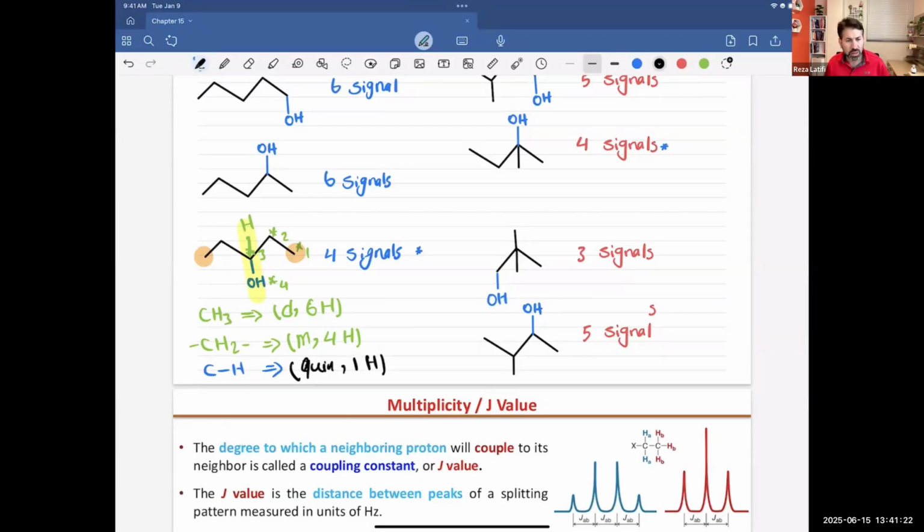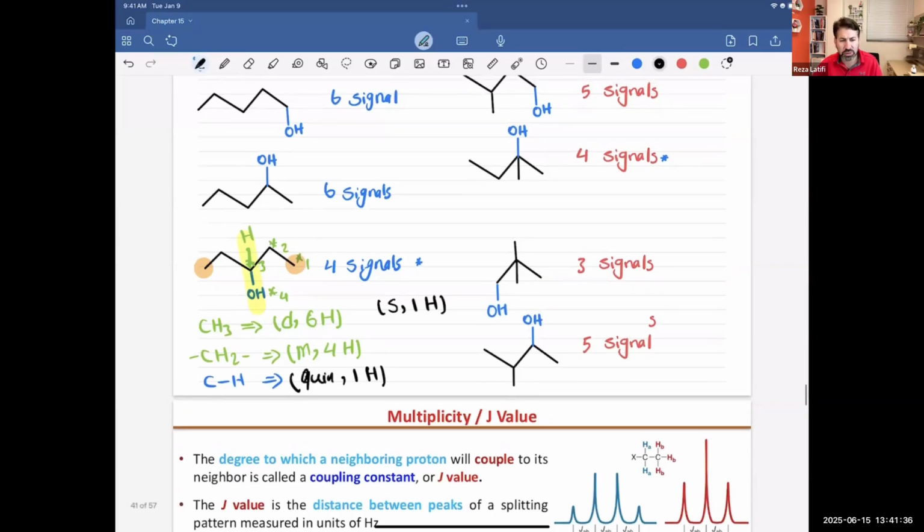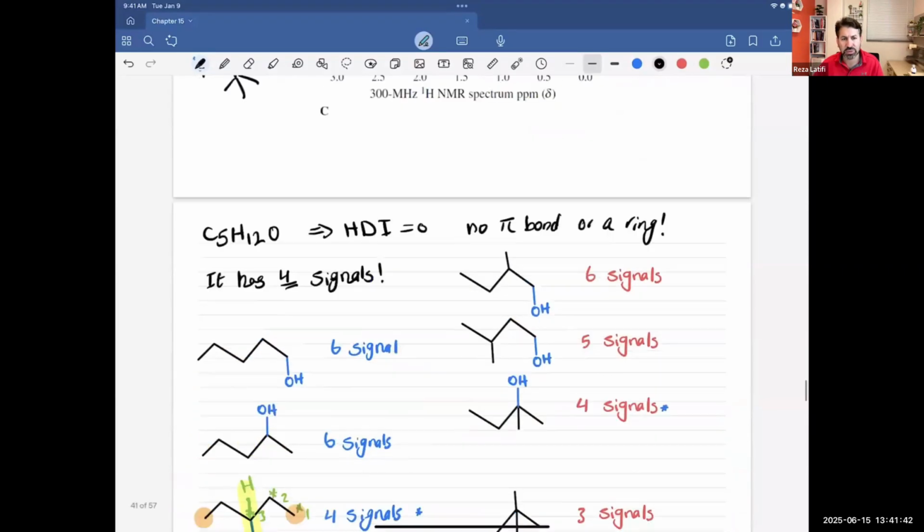And how about OH? The OH will be a singlet, 1 hydrogen. So we got a doublet, multiplet, quintet, and singlet. There is no triplet, as you see. And so I don't see a triplet here.